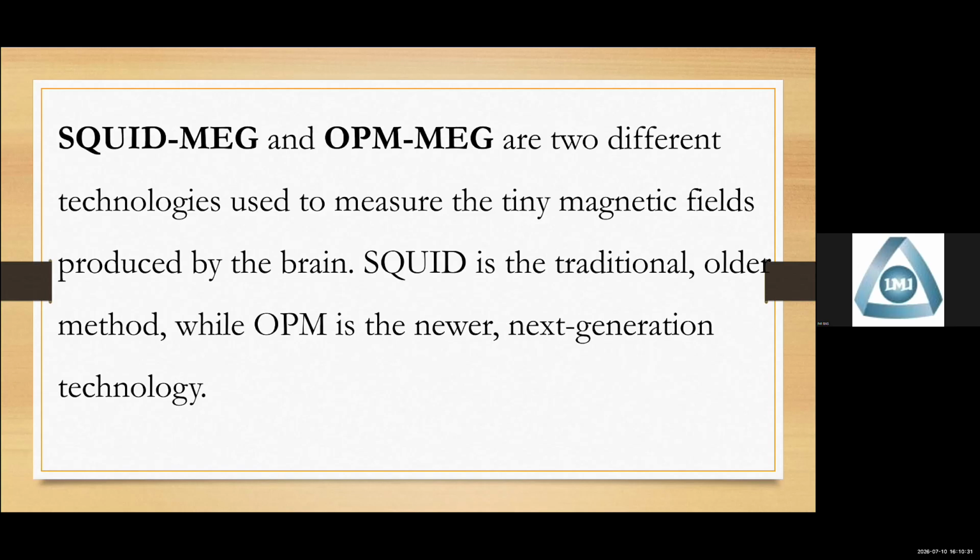SQUID MEG is the old MEG, and OPM MEG are two different technologies used to measure the tiny magnetic field produced by the brain. SQUID is the traditional old method, while OPM is the newer, next generation technology.